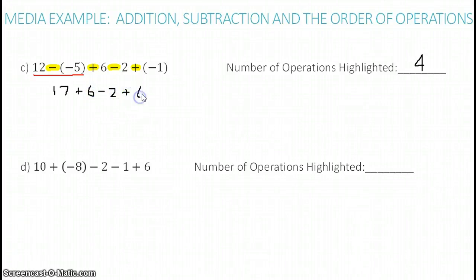Plus negative 1. So we completed the first operation. Our next operation will be this addition between these two numbers. So 17 plus 6 is 23. And we'll copy the remaining part of the problem.